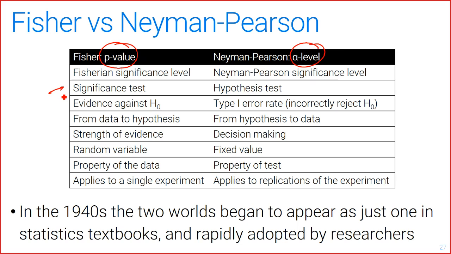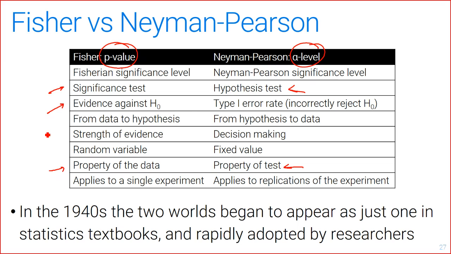It's a property of the data, while Neyman-Pearson are testing hypotheses, the null versus the alternative. So when we have the alpha, it's a property of the test. And so Fisher is kind of measuring evidence against the null hypothesis, and Neyman-Pearson have this concept of the type 1 error rate, incorrectly rejecting the null hypothesis.